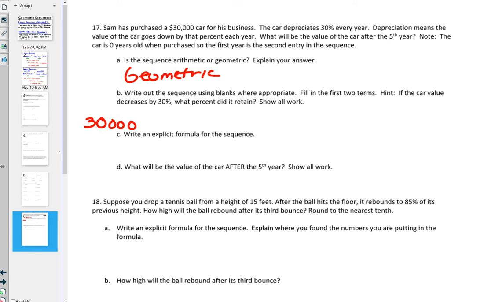But how many years have passed when that car is valued at 30,000? Yeah, 0. As a matter of fact, with cars, they always say that once you drive it off the lot, you don't even have to wait a year, right? The value will go down. It loses value right when you drive it off the lot. But, all right, so now that's the value at 0 years. They're eventually going to ask me for 5 years. So let's see if we can go up to 5.